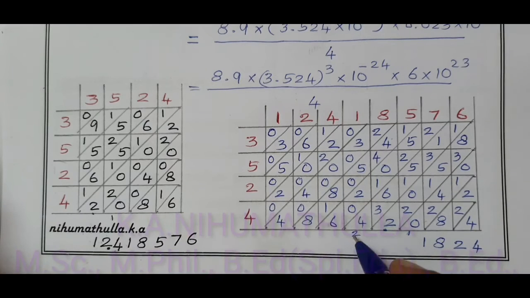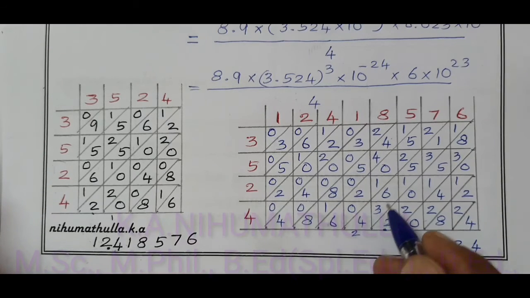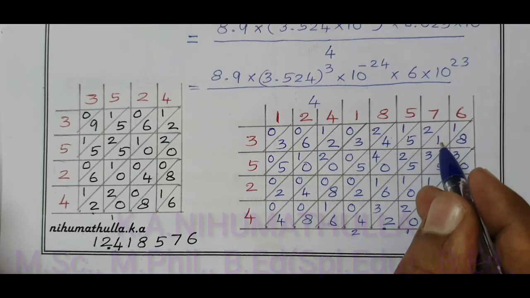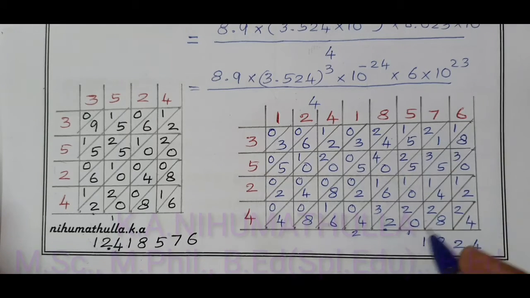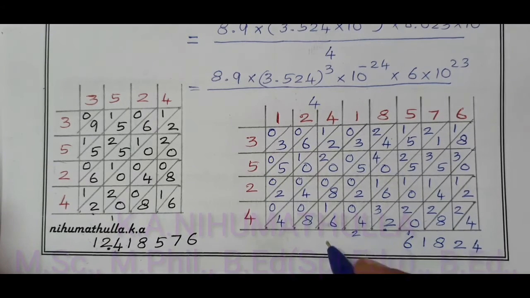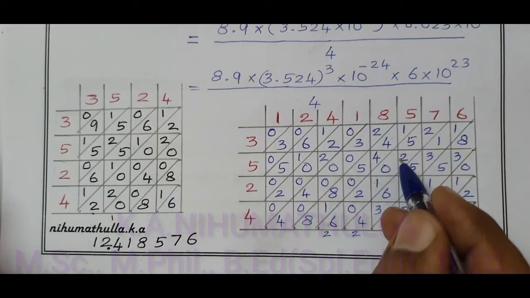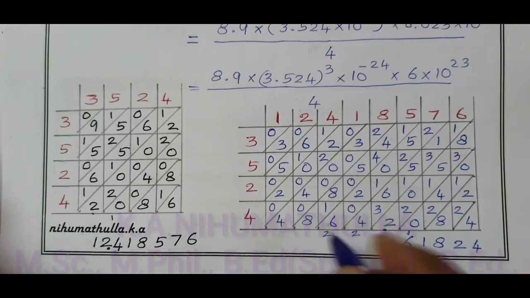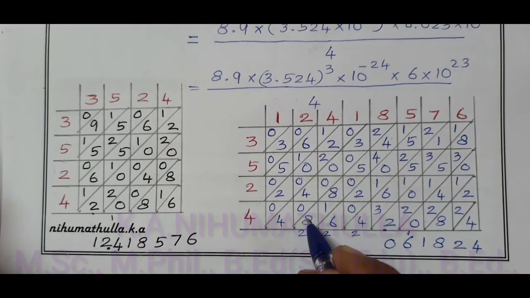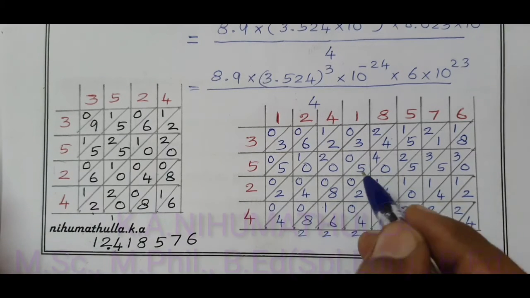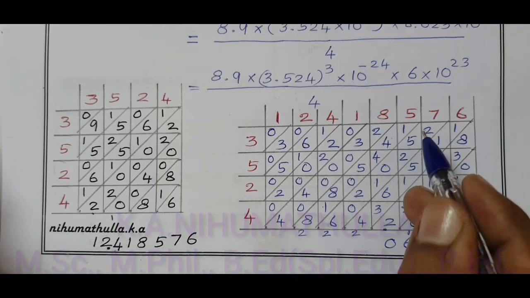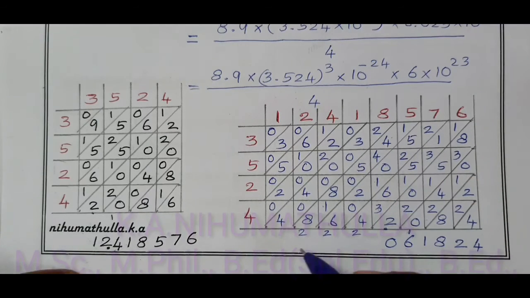Remaining 2. 2 plus 4 equal to 6, 9, 15, 20, 21, 24, 25, 26. Remaining 2. 8, 10, 11, 13, 18, 20, remaining 2. So here 8, 9, 17, 22, 26, 30, 31, remaining 2.